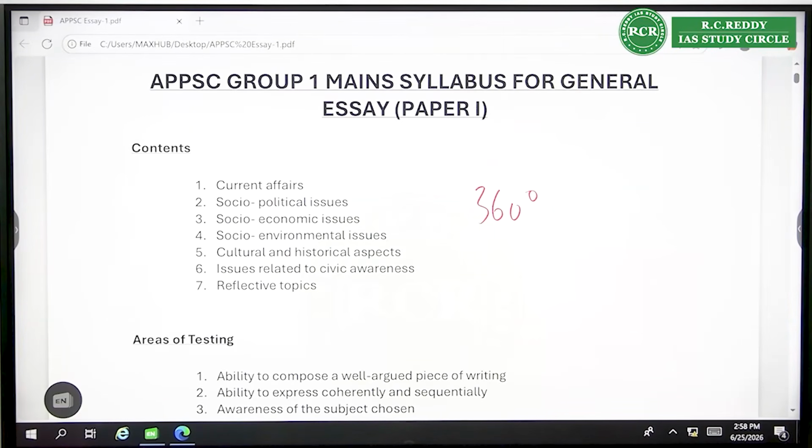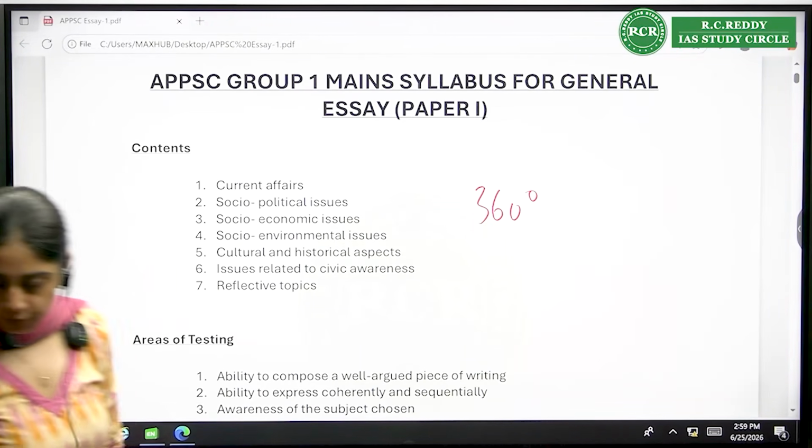You should demonstrate awareness of, first, historical background, second, current developments, constitutional aspects, economic dimensions, social dimensions, ethical concerns, environmental implications, international perspective, future outlook.